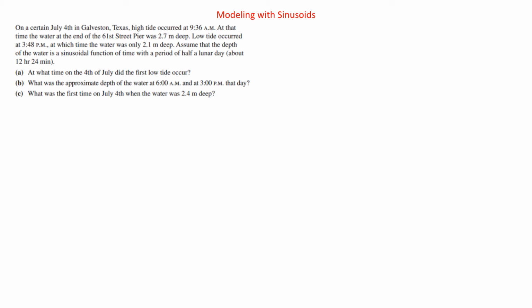Low tide occurred at 3:48 p.m., at which time the water was only 2.1 meters deep. Assume the depth of the water is a sinusoidal function of time with a period of half a lunar day, which is about 12 hours and 24 minutes.